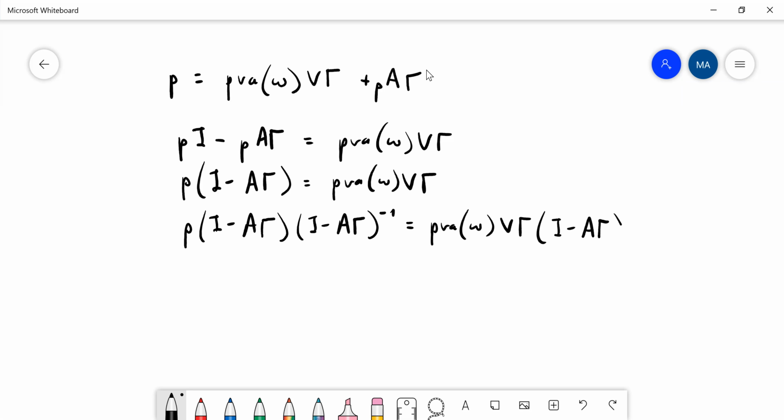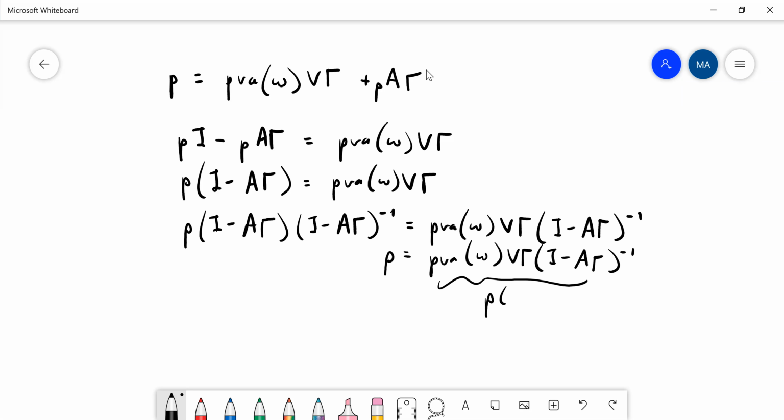So this inverse, if it exists, you have that, right? So P just equals that. So this means we have now that, okay?